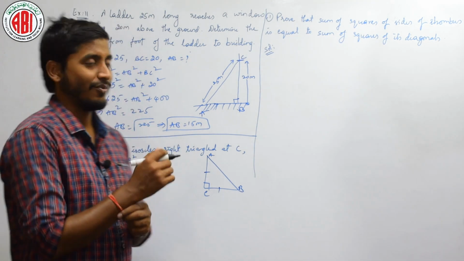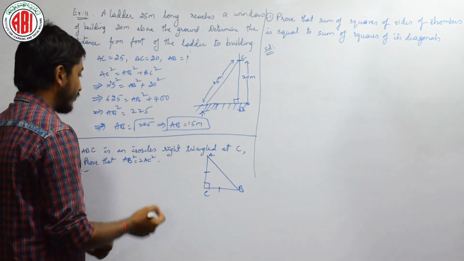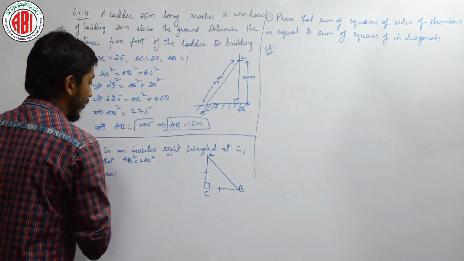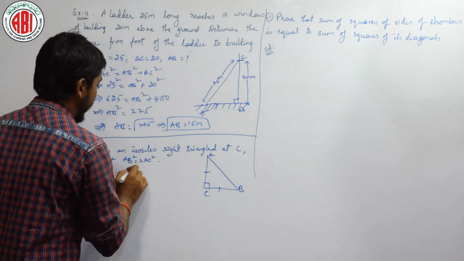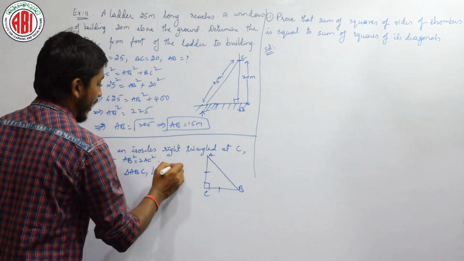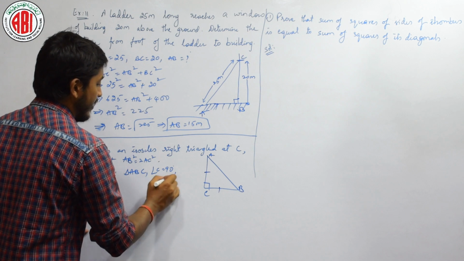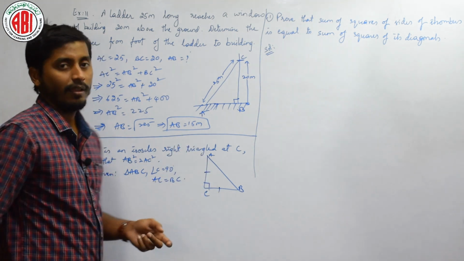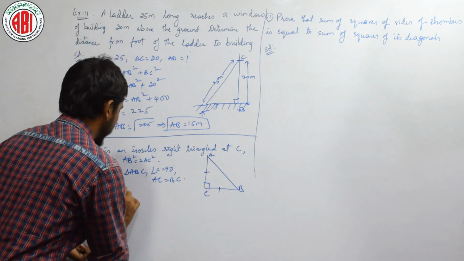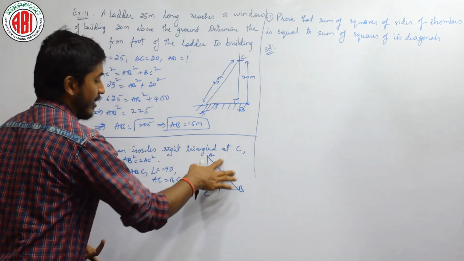Okay. Actually it is very easy, you can see here. Given, what is given? Right angle triangle ABC in which angle C is equal to 90 and AC is equal to BC, isn't it? According to Pythagoras theorem, I can write it as hypotenuse square. What is hypotenuse here?